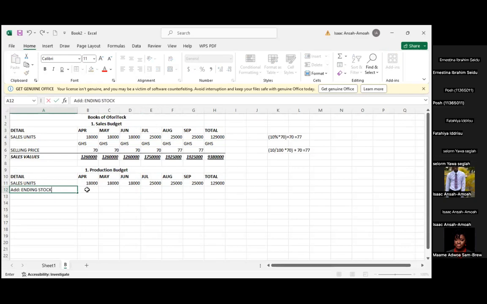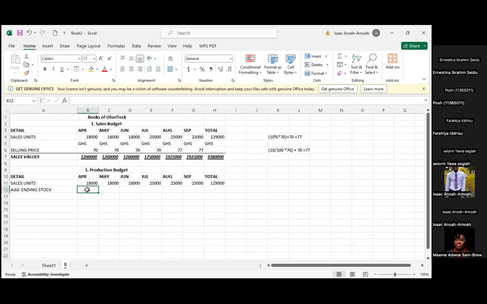The policy is that it's 15% of planned sale for that month. So ending stock of April will be 15% of the planned sales units of April.